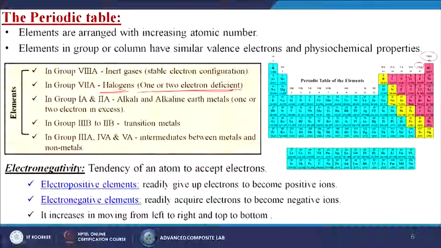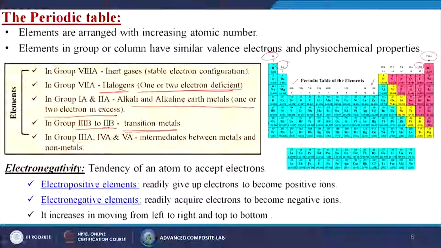In groups 1A and 2A, the alkali and alkaline earth metals, there are 1 or 2 electrons in excess, like hydrogen, lithium, sodium, potassium, beryllium, magnesium, calcium and so on. In groups 3B to 2B, these are all the transition metals, like strontium, zinc, cadmium, mercury, and so on.